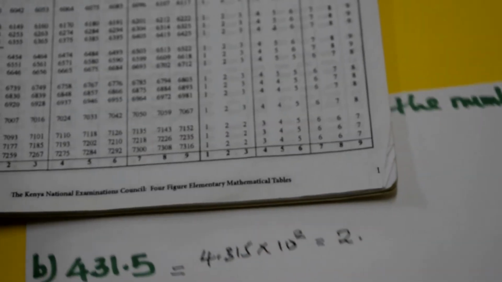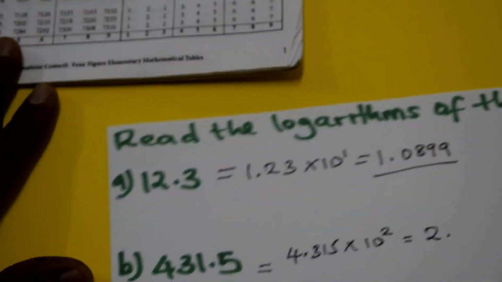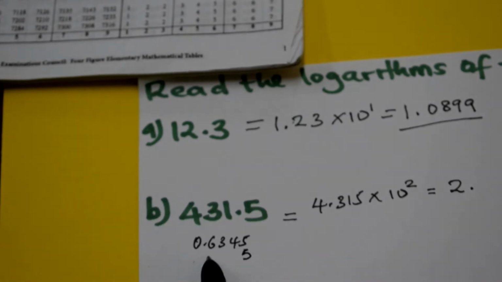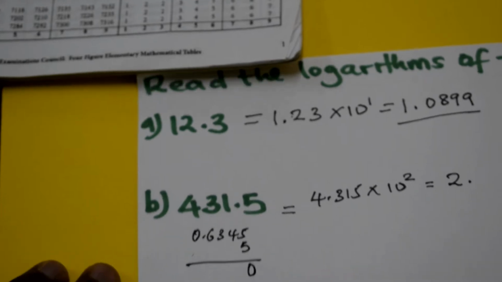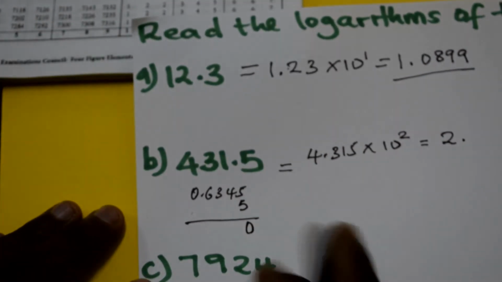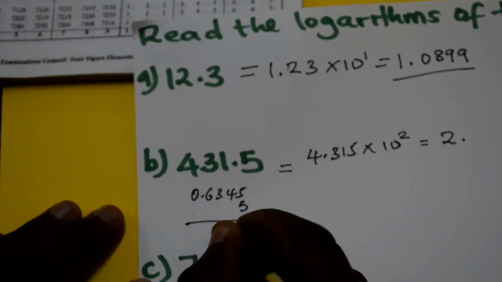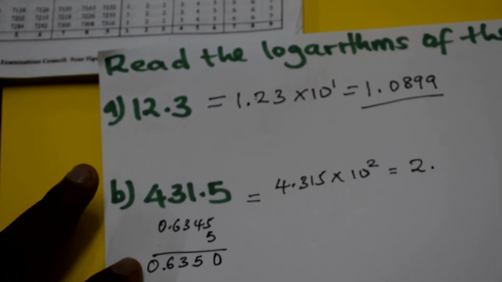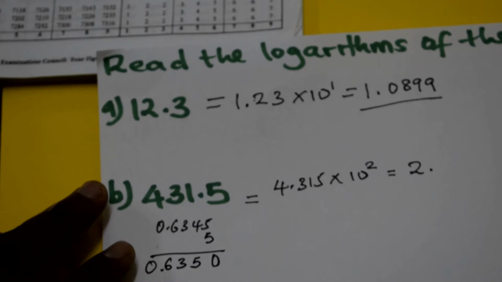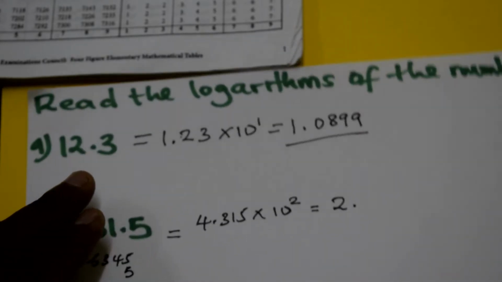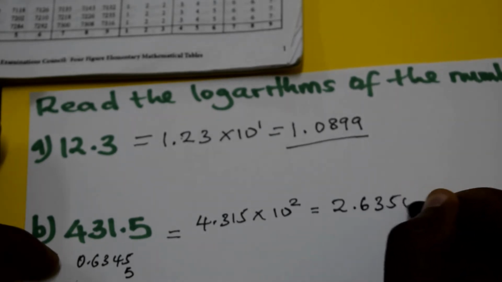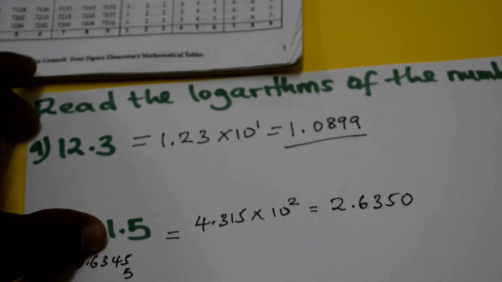This 5 should be added to this value at the end, or you can say 0.0005. This gives us 0.6350. So the logarithm of 431.5 to base 10 will be given by 2 point, we add this, we get 2.6350.